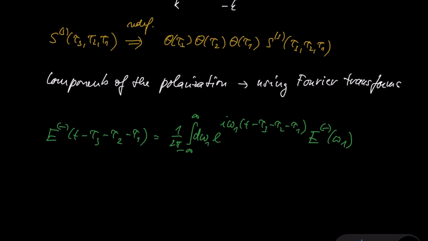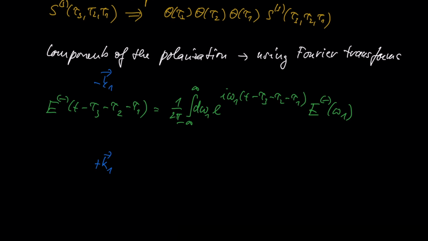Okay, so this was for the minus k1 contribution. We also have a plus k1 contribution in some situations, and in that case we would write e to the power of plus t minus tau 3 minus tau 2 minus tau 1.